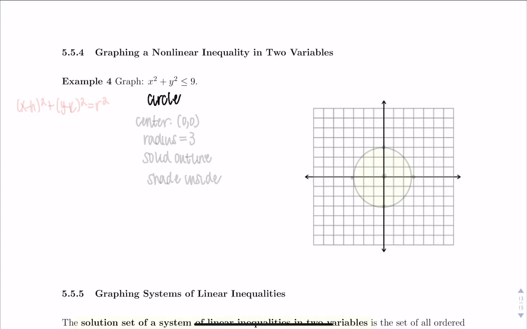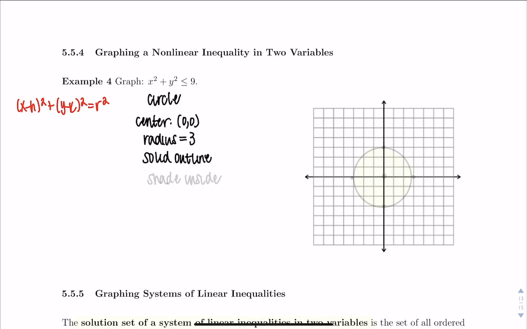As a reminder, that's x minus h squared plus y minus k squared equals r squared. And so my center is at 0, 0, and my radius is 3. This will have a solid outline.